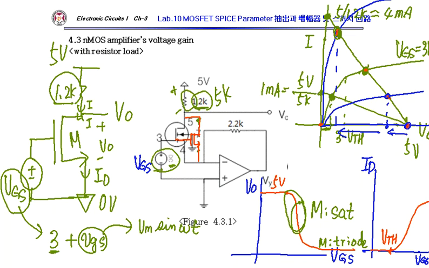So here, for the same VGS of 3 volt, my current will be increased twice, right? Twice, okay. Oh, is it twice? Okay, it will go to triode, so I have to move.